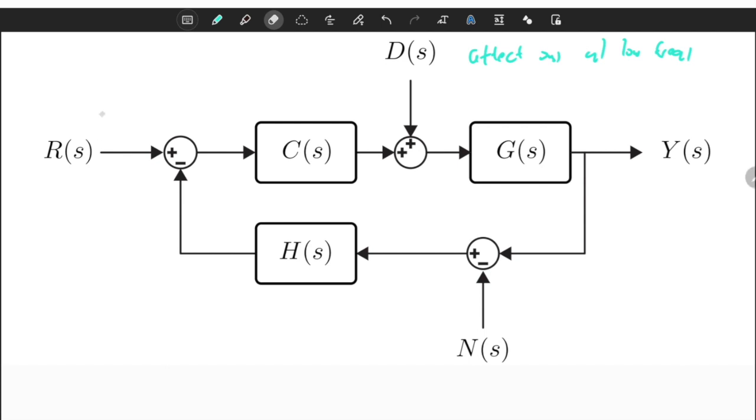The reference signal is also generally, for the majority of systems, a low frequency signal, and generally we try to feed this R of S into the system. And noise, in sensor design, what you try to do is first eliminate the bias and low frequency behavior at the design phase.